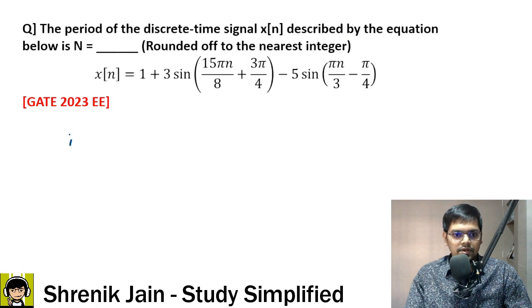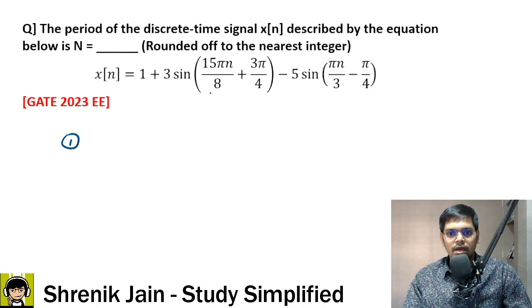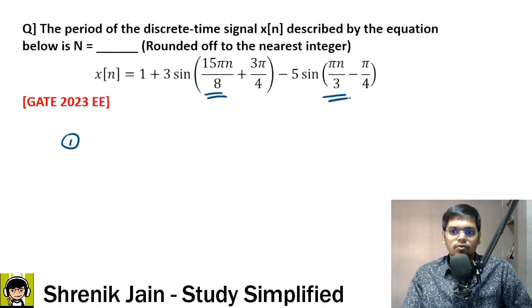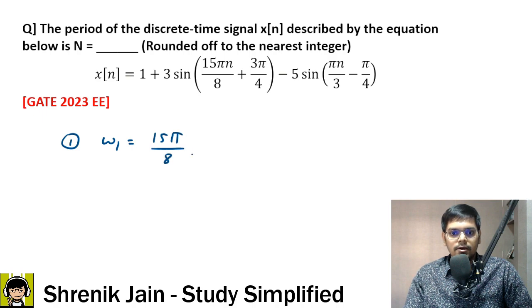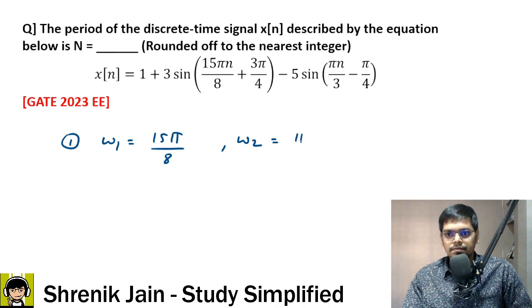Why? The very first step is getting the omega 1 from here and omega 2 from here. So omega 1 is equal to 15 pi by 8. Omega 2 is equal to pi by 3.